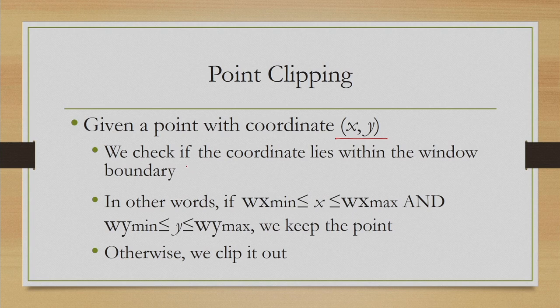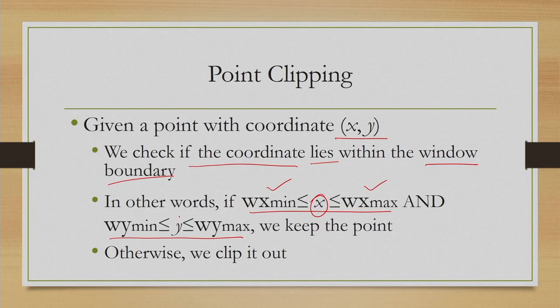So, we simply have to check if the coordinate values lie within the window boundary. Here we are checking the x value against the window boundaries and the y value against the window boundaries to determine whether they are inside or outside. If it is inside the boundary we keep the point, otherwise we clip it out. That is a very simple idea.